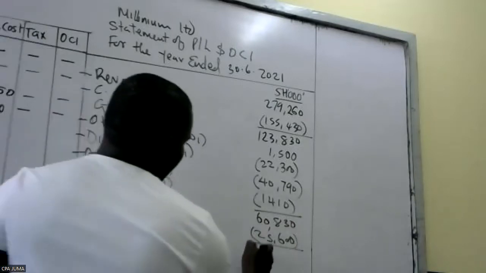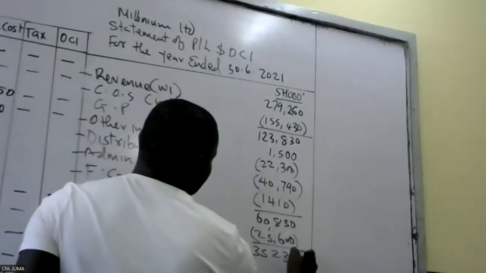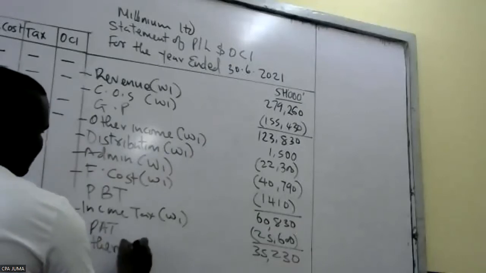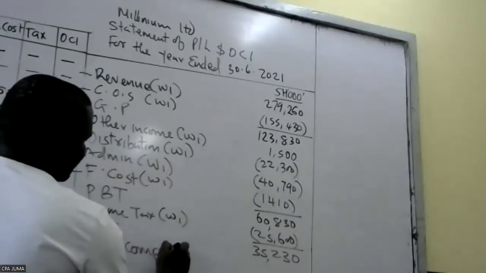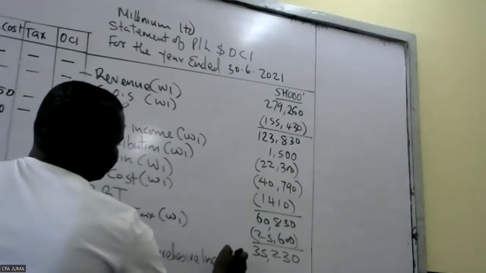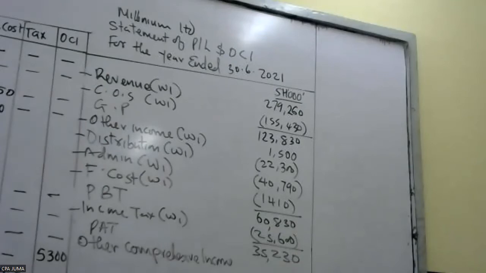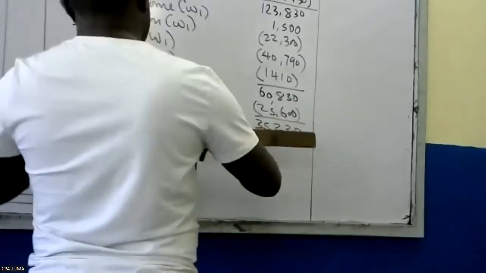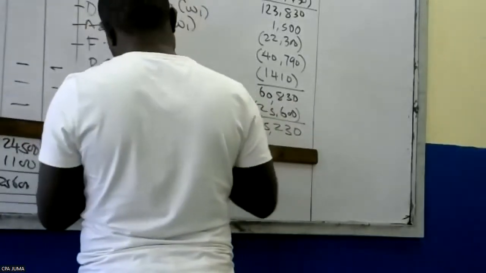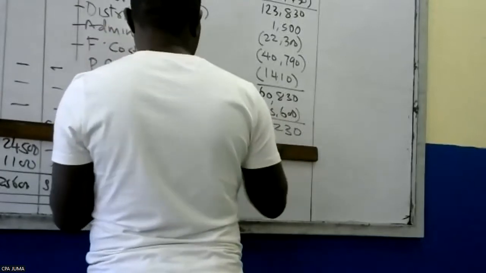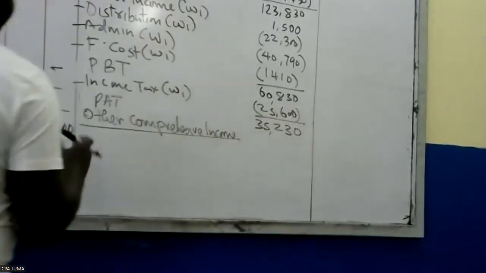35 to 30. Other comprehensive income. Revaluation.